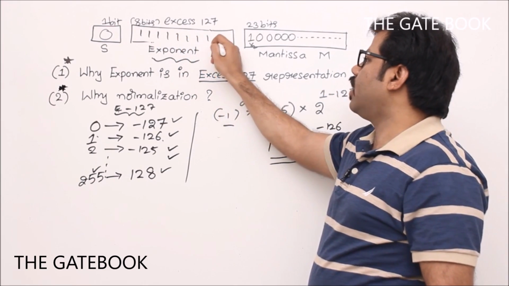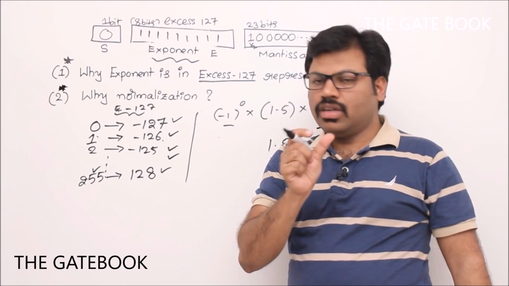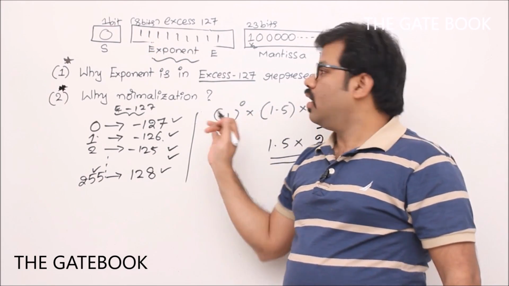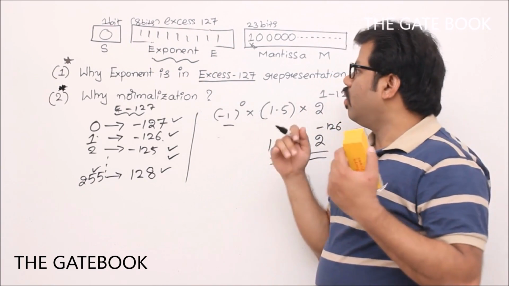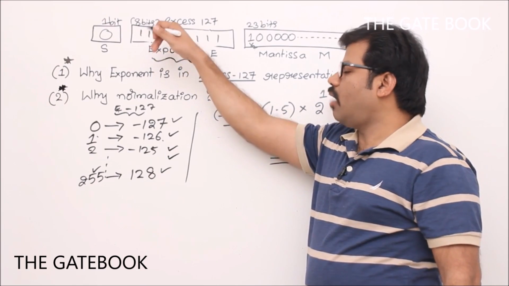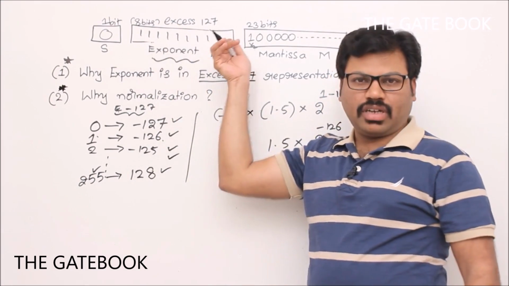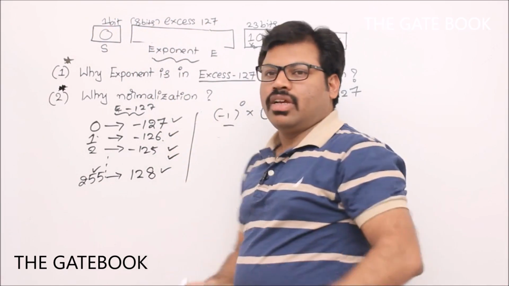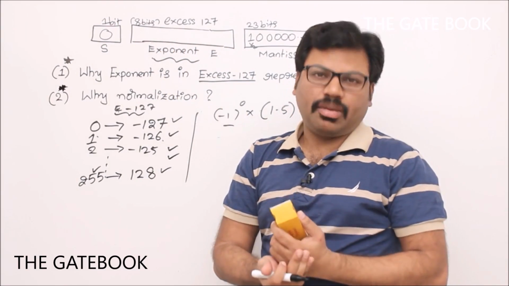So whenever I want to represent a small exponent, because a small exponent represents a smaller number, for that we would be using all ones. But of course, in binary representation that is actually a very big number, correct? So what I want to tell you here is, this pattern is not a regular binary pattern.